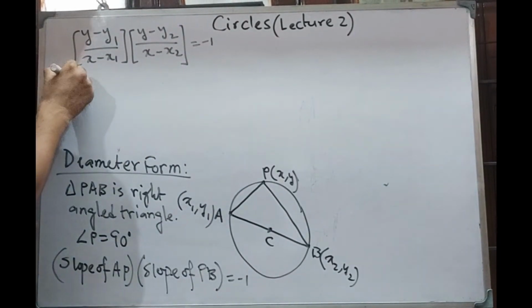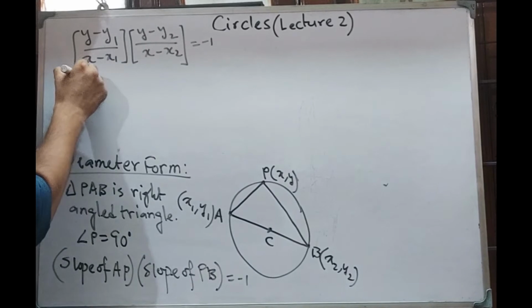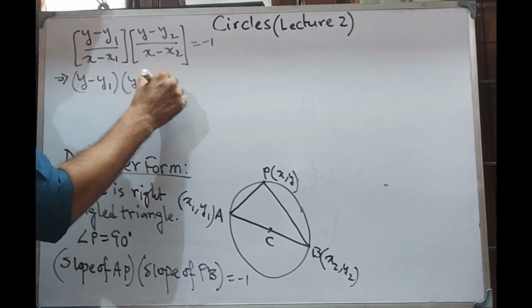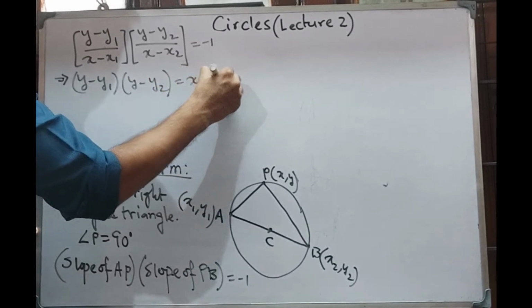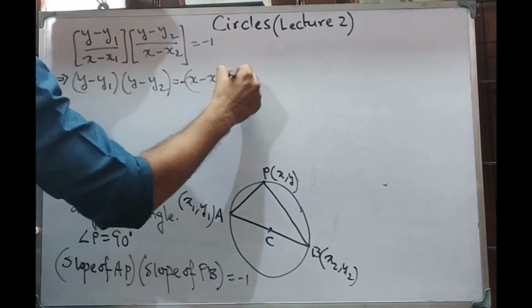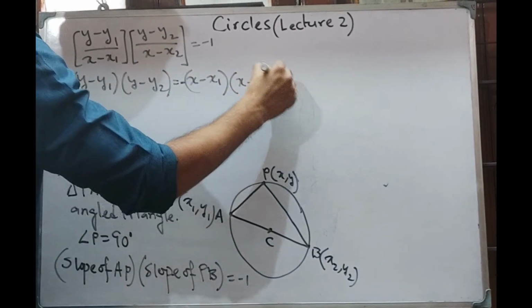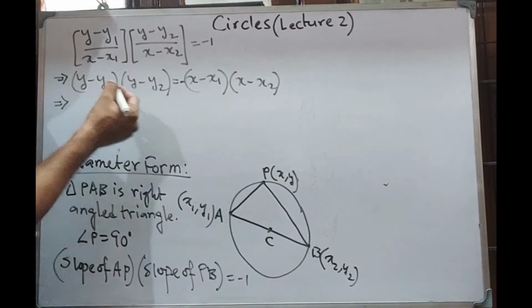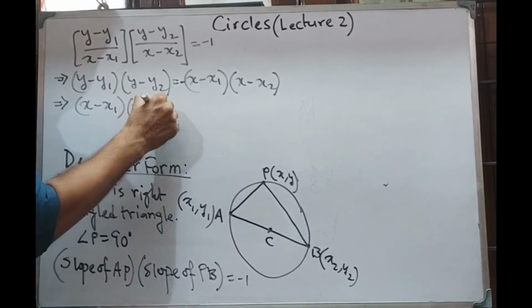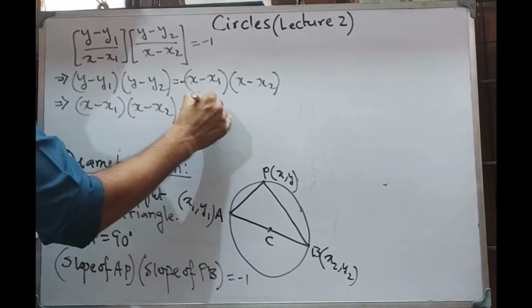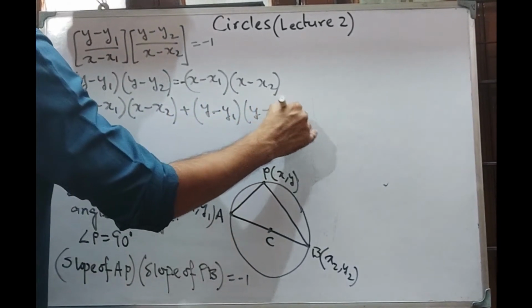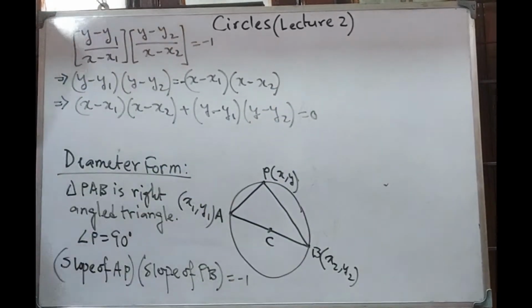So you take all the denominators to the right hand side, and we can write y minus y1 into y minus y2 is equal to minus of x minus x1 into x minus x2. So x minus x1 into x minus x2 plus y minus y1 into y minus y2 is equal to 0.